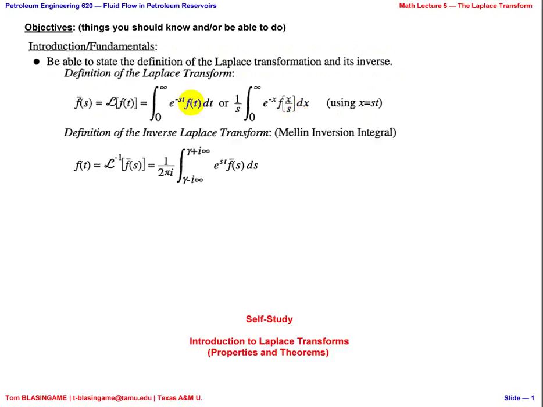So the definition of Laplace transform is the integral from 0 to infinity of the exponential function multiplied by a certain function of time, or t in this case. The integral looks pretty, well, it doesn't look very difficult in a sense.